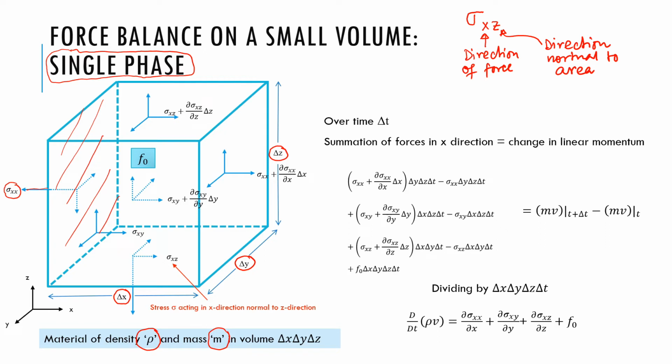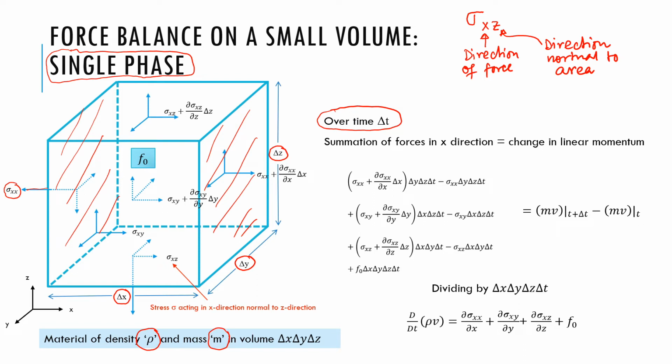Now for simplicity, we're going to only do a force balance in the x direction. In the x direction, there will be 6 different forces that we need to consider. One is these 2 faces, and likewise the other 4 faces in the other 2 directions. We're doing this force balance and the change of momentum over time delta t.